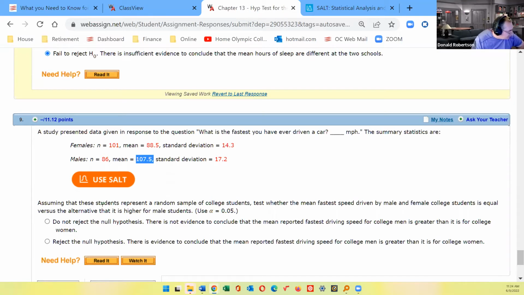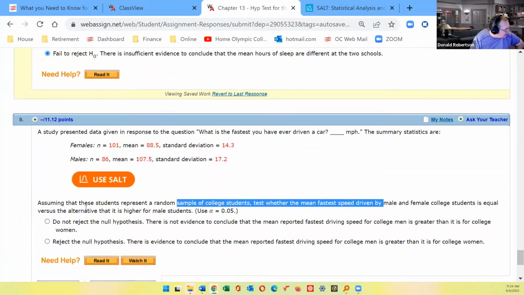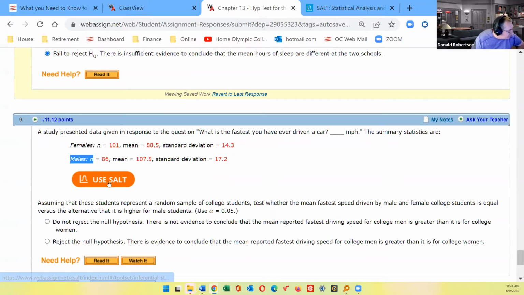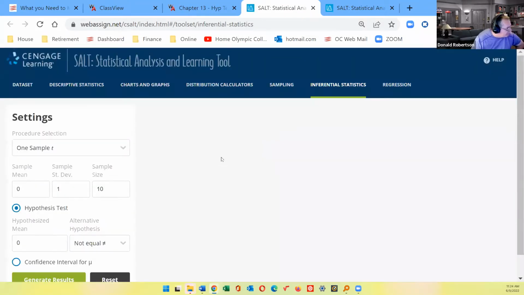So, assuming that these represent all college students, test whether the mean of the fastest driven, oh, the little darlings, look at what they just did there. Males and females scores is equal versus the alternate that it's higher for the males. Now, bear that in mind, that 1 is females and 2 is males. Right, let's do the use SALT.